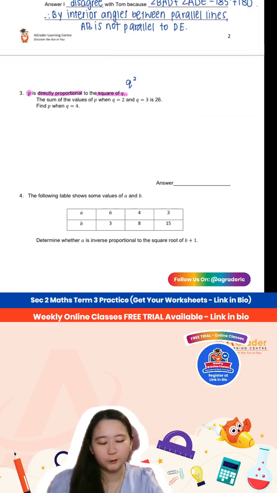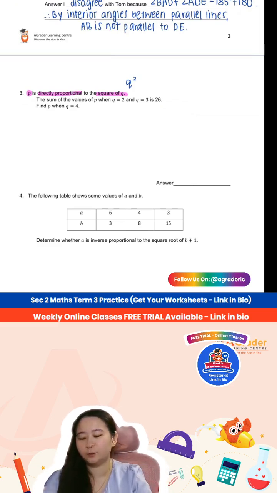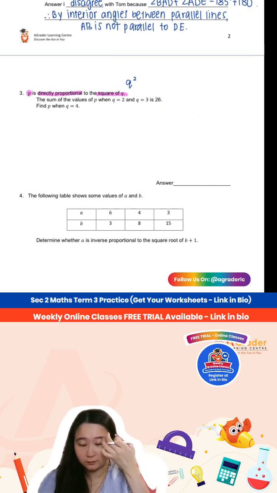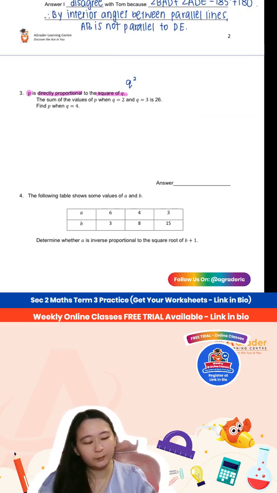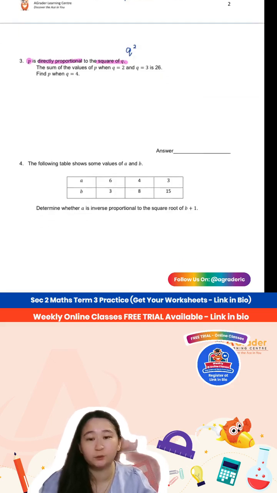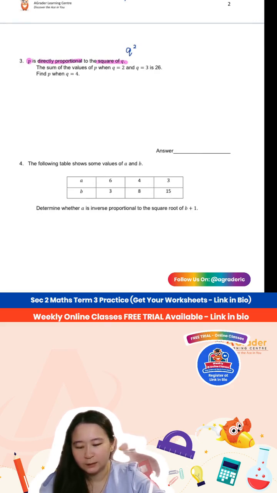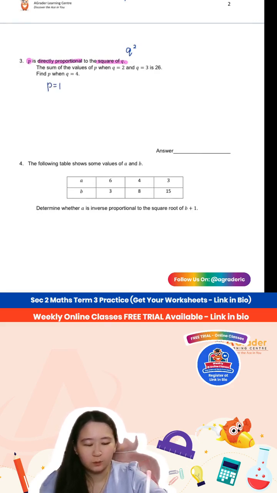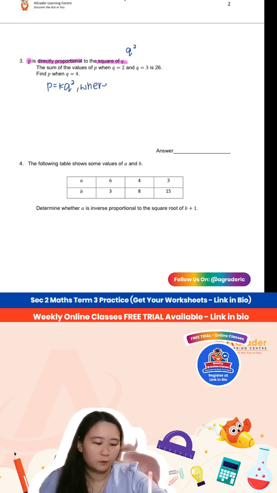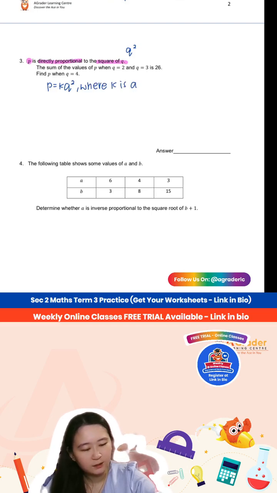And you're done with question 3. Have you found the formula or the equation? When P is directly proportional to the square of Q, it means P equals KQ squared, where K is a constant.